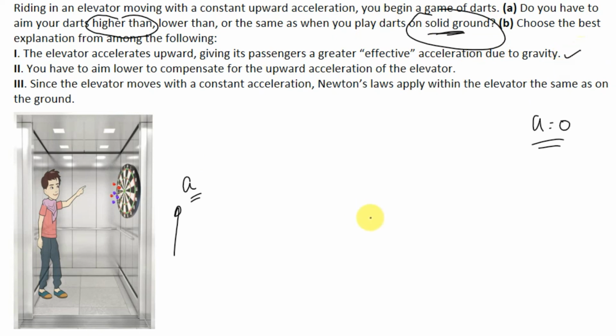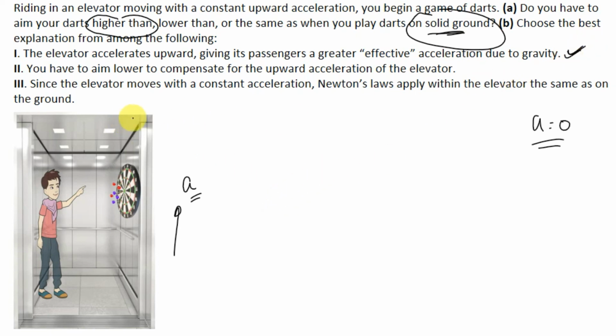The first option is correct, that in this case the elevator is moving in the upward direction and the apparent weight of the dart is greater than its actual weight mg, and therefore you have to aim your darts higher than when you play darts on the solid ground. This is the correct option.